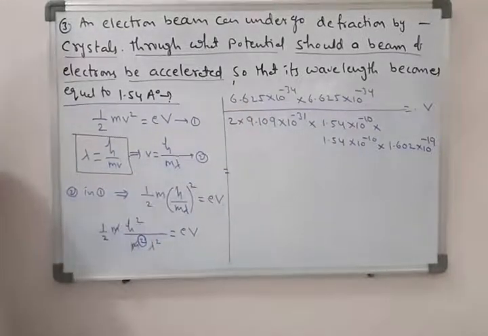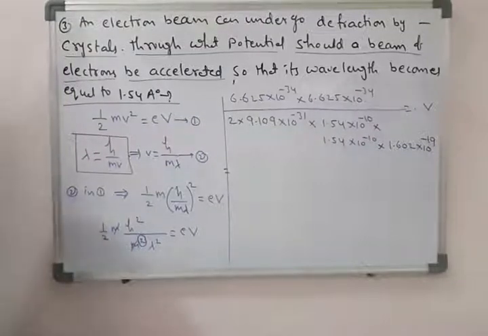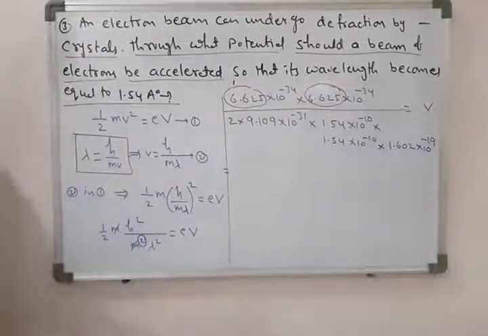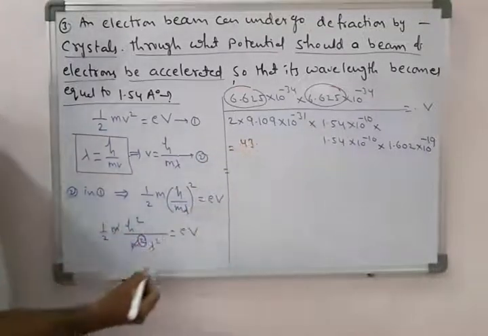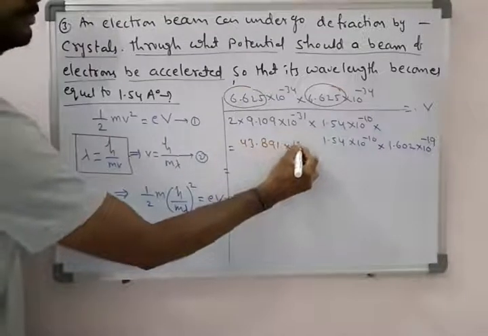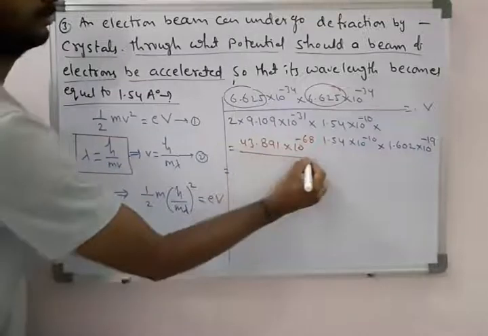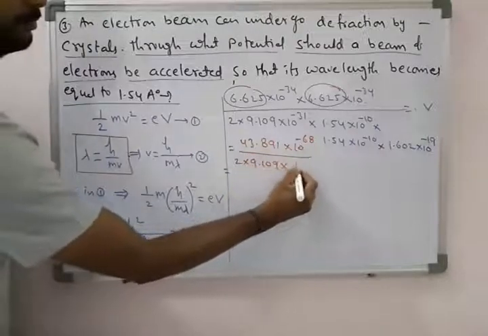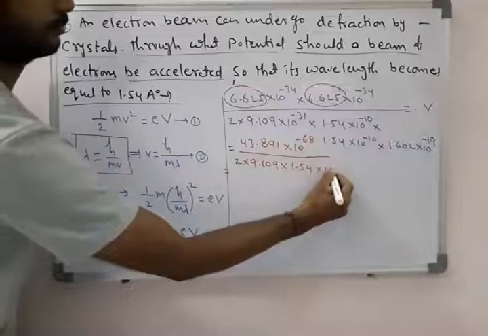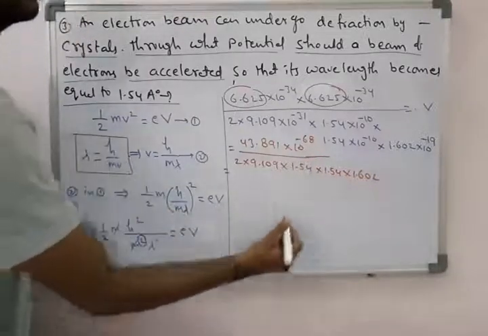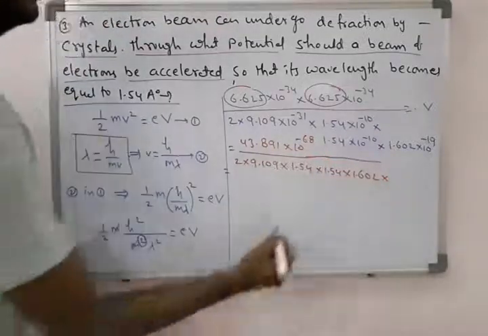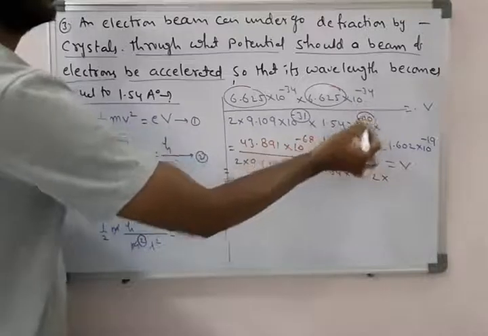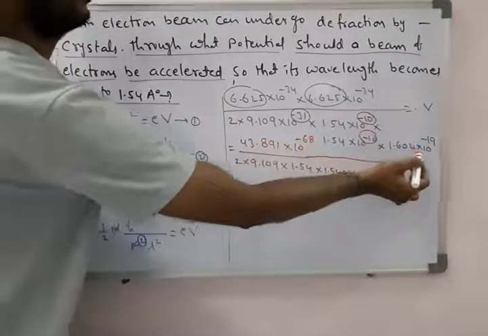Okay. Here finally we will get 6.625. So here we approximately get 10 power, this is minus 68. So this is minus 31, 41, 51, 60, 70.